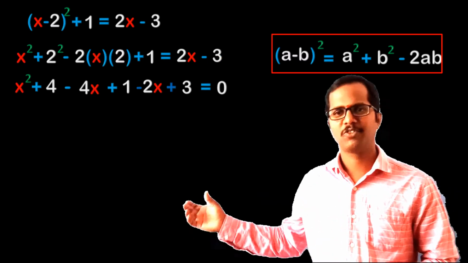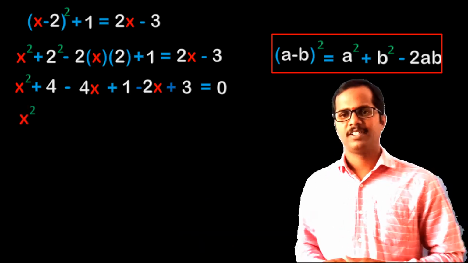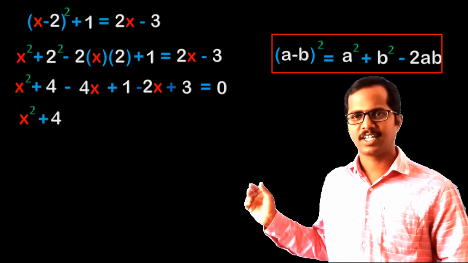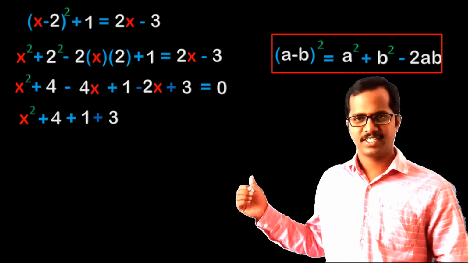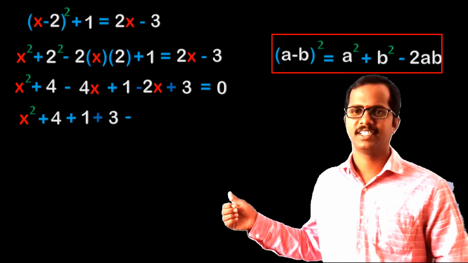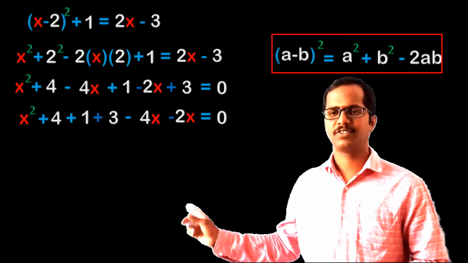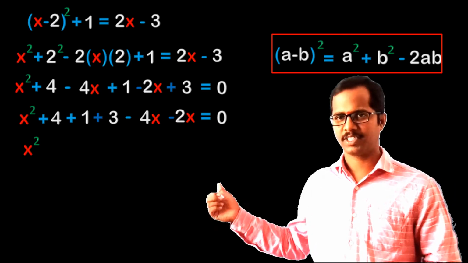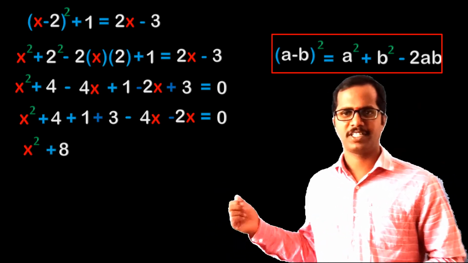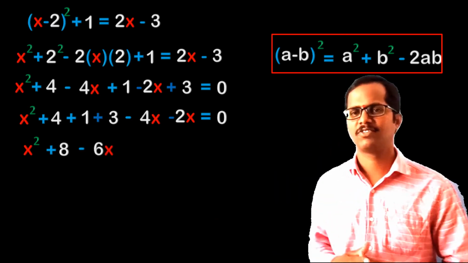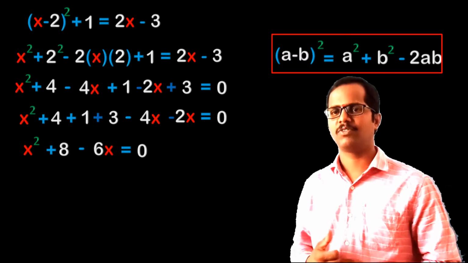Now if we group the like terms together, we have x square plus 4, and the other constant terms, plus 1 and plus 3, and next minus 4x and minus 2x, which equals 0. Simplifying, x square plus 4 plus 1 plus 3 equals plus 8, and minus 4x minus 2x equals minus 6x, which equals 0. So we get x square plus 8 minus 6x equals 0.